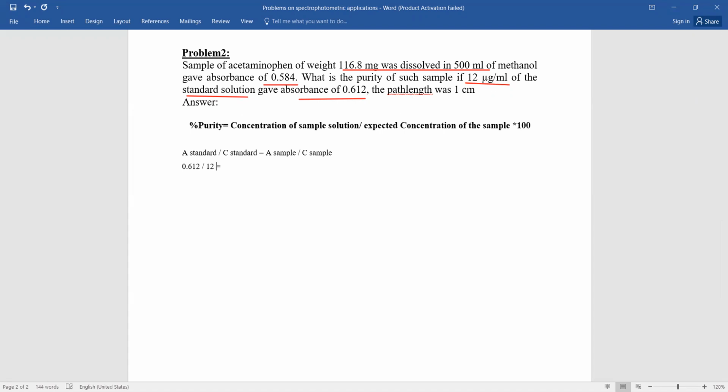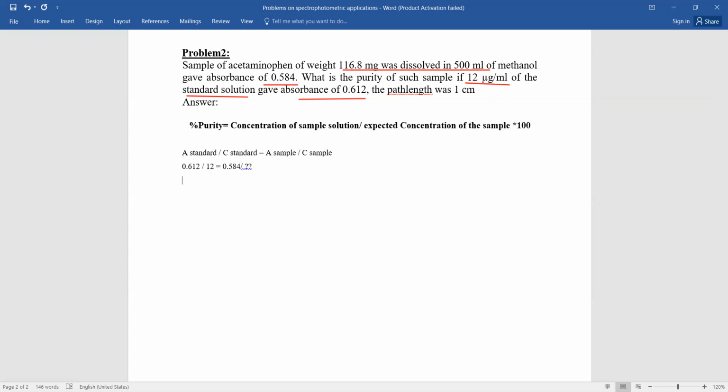Let's move to the next part of the equation. The absorbance of the sample is 0.584. The concentration of the sample is what we need to know. The 116.8 milligrams is an expected concentration. We will make sure using the single standardization point rule.